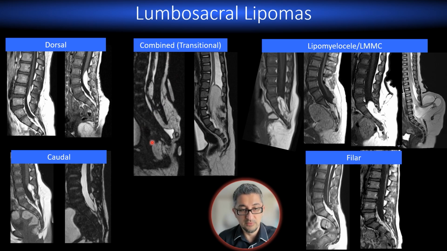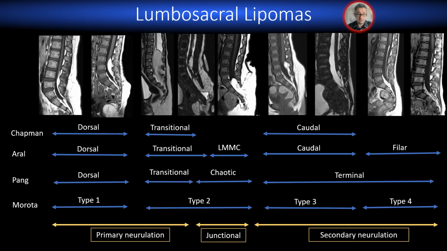And the intradural lipoma is attached to the cord from the dorsal aspect and the caudal aspect at the same time. And we have the lipomyelocele and lipomyelomeningocele group and the filar lipomas in this group. So we can describe them as it is. There are many different classification systems. I summarized some of them here.